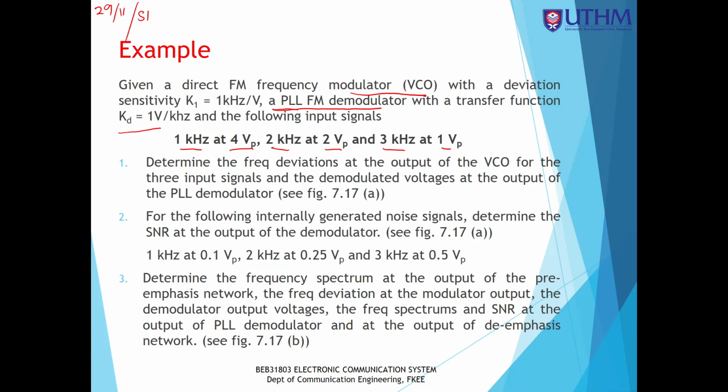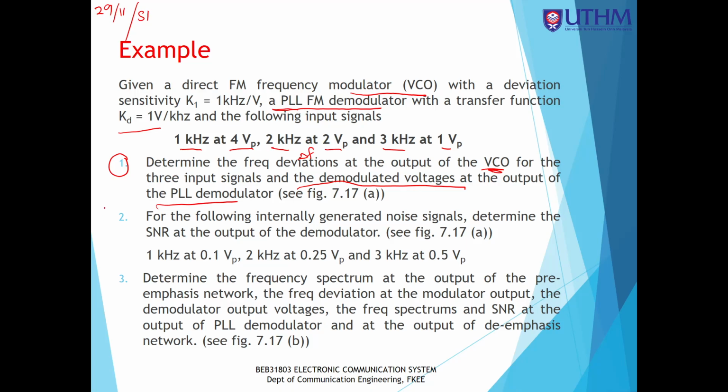Determine, first, the frequency deviation, delta F, at the output of the VCO in the transmitter for the 3 input signals, and the demodulated voltage at the output of the PLL demodulator.